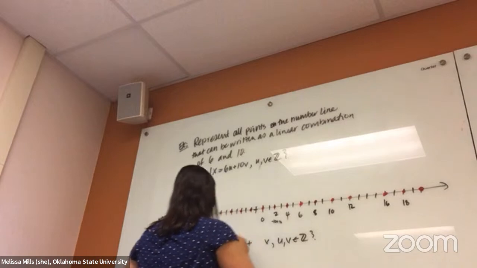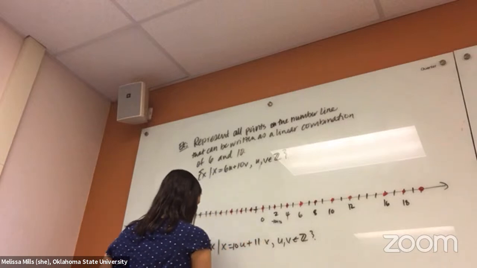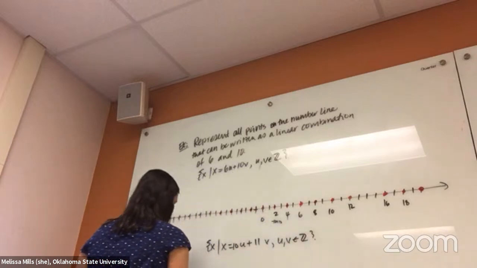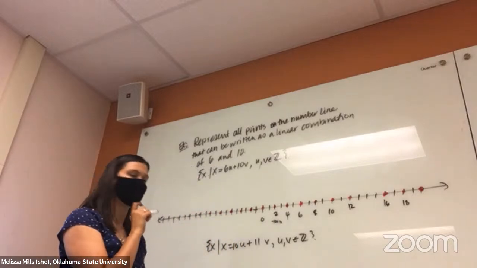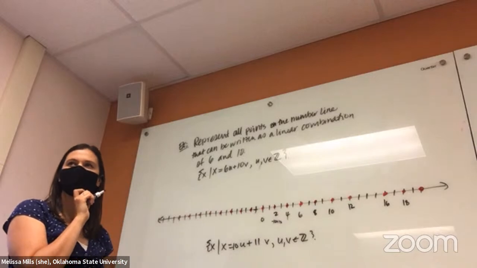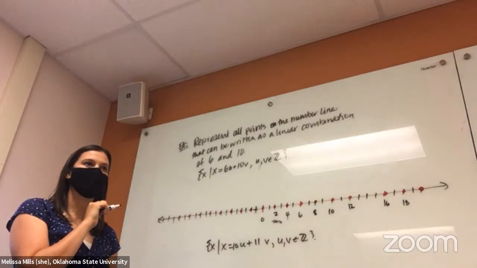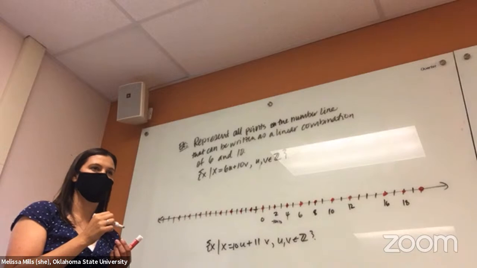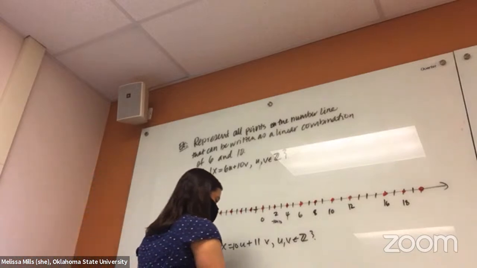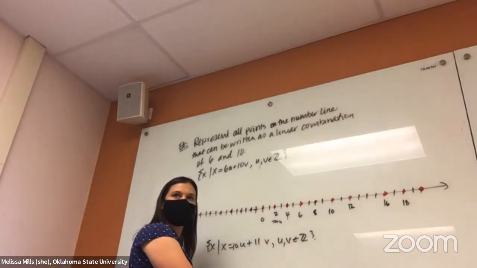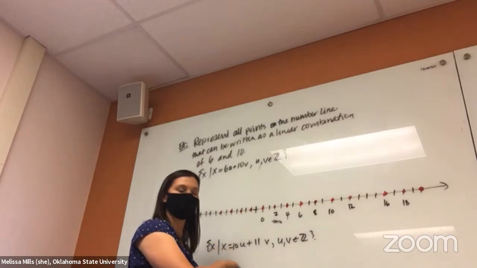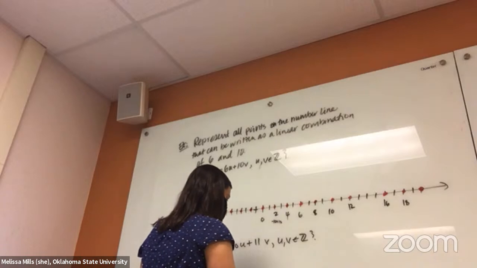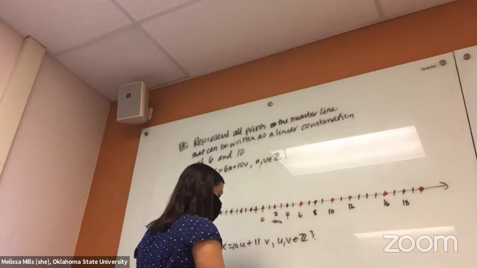Linear combinations of 10 and 11. It'd be every integer. Why? Well, can we get 1? Yeah, once I get 1, then I have all of them, right? Because 1 is equal to 11 minus 10.